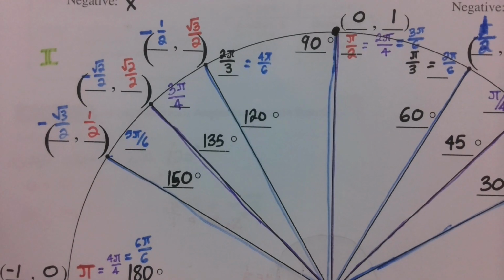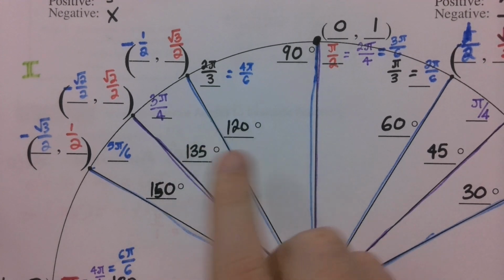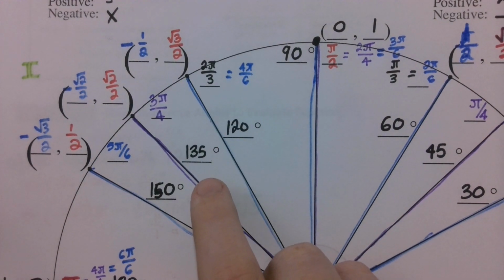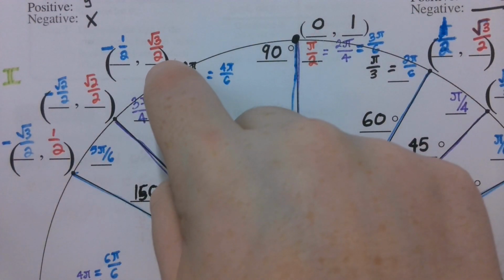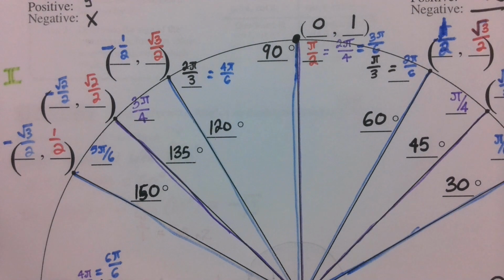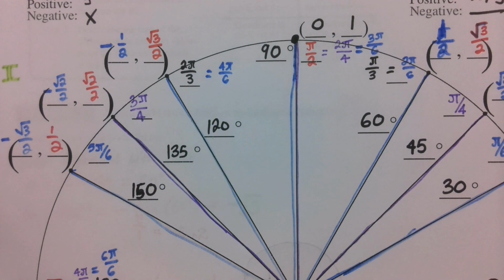According to our unit circle, a 120 degree angle. If we were trying to figure this out, this would be the square root of 3 over 2 divided by the negative 1/2. It's y over x.